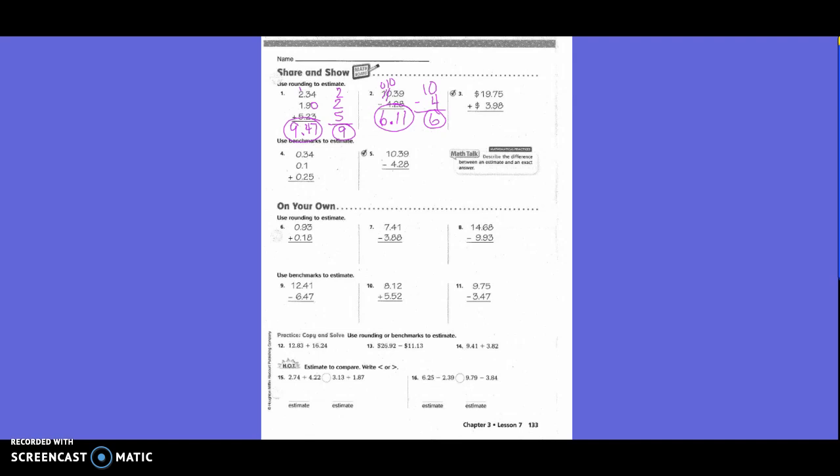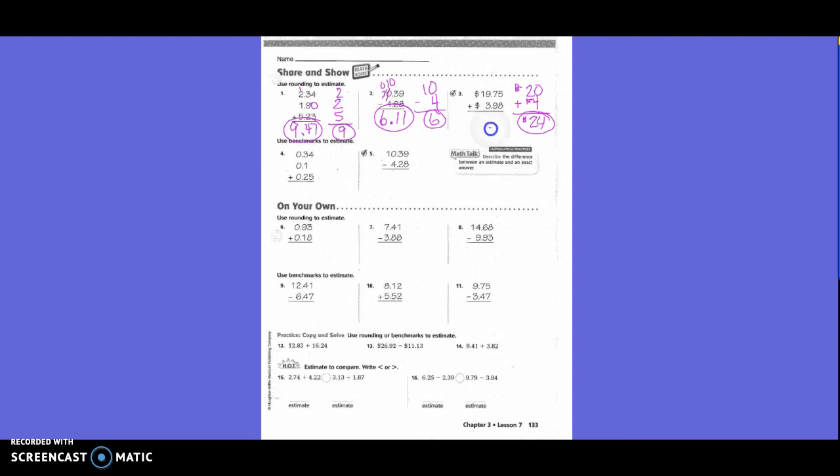Okay. Next one, $19.75. Is it going to be $19 or $20? $20. Plus $3.98. Is it going to be $3 or $4? $4. So 20 plus 4 is 24 dollars. Okay. What do I do first?